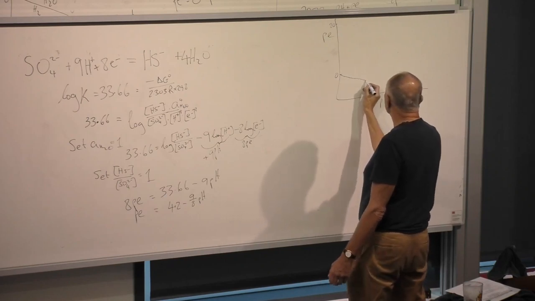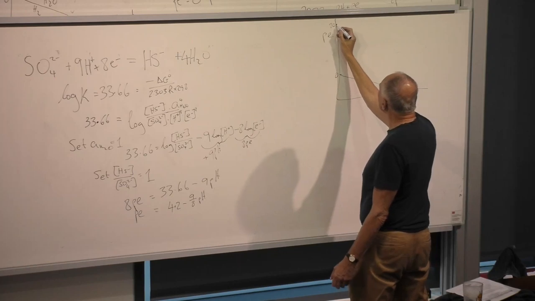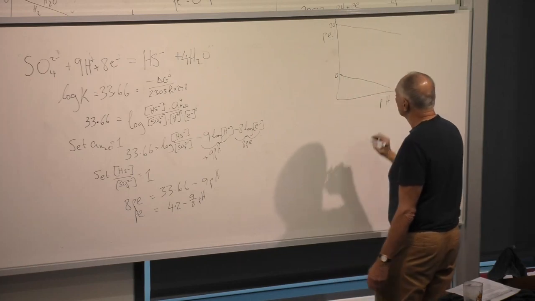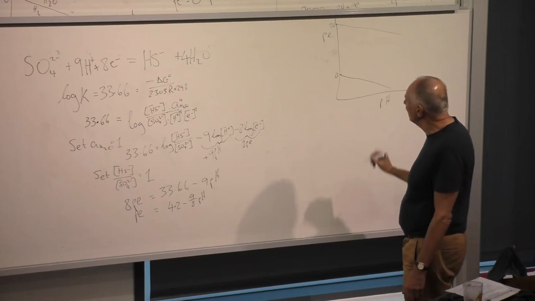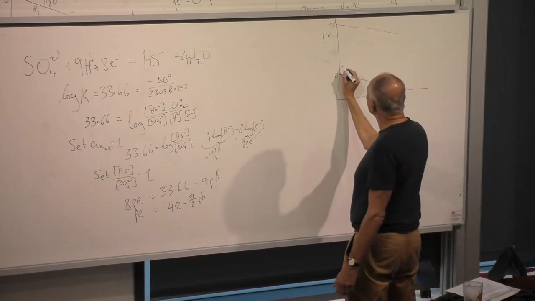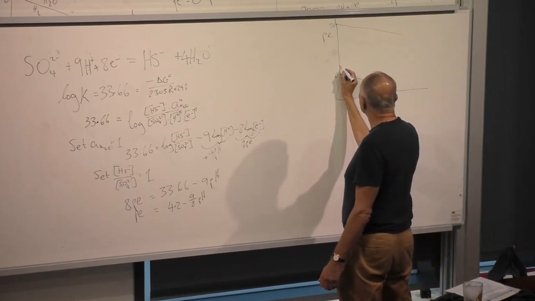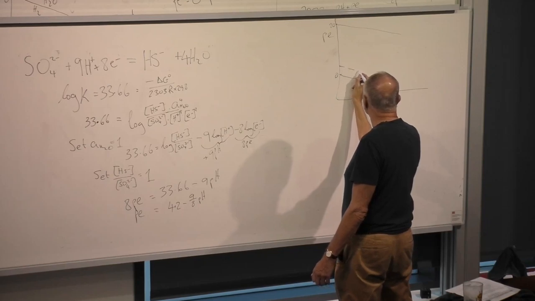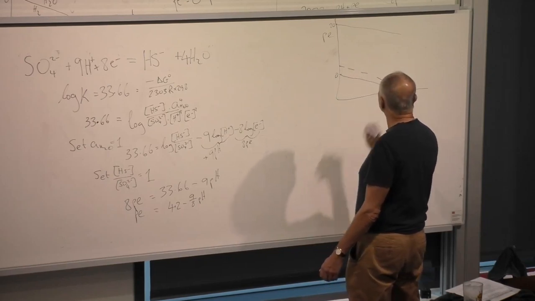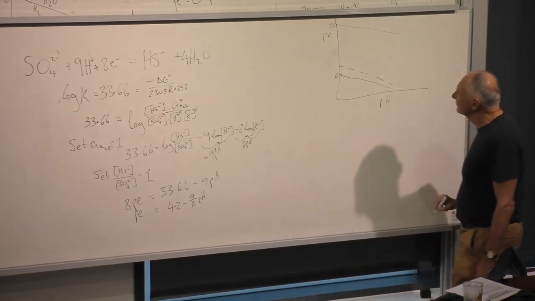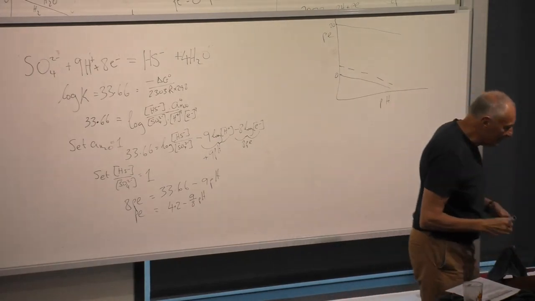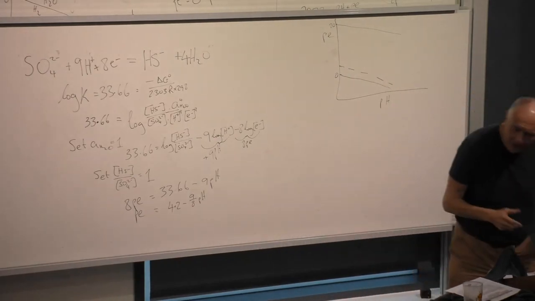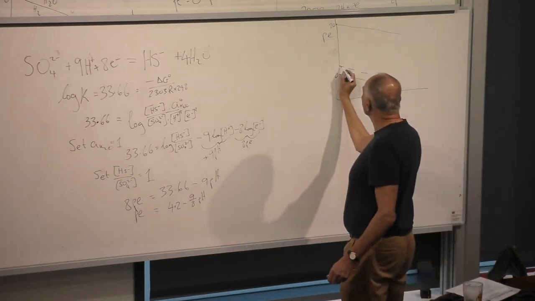And that's H2O. And this one is 4.2 minus 9/8, so slightly steeper slope. Like so. Maybe I should make it red, might look a little bit more interesting. It's like that.